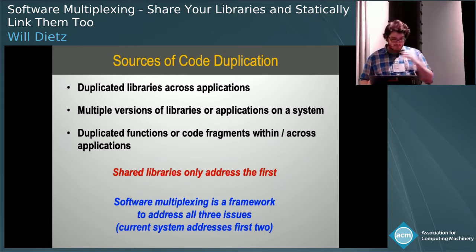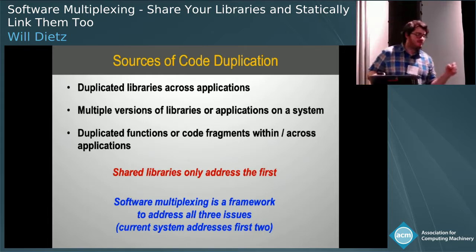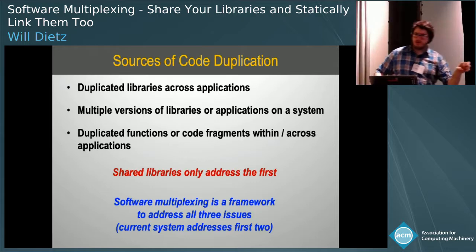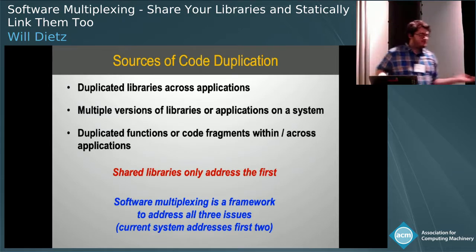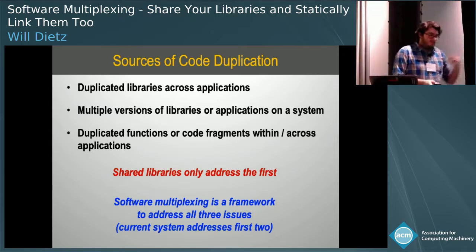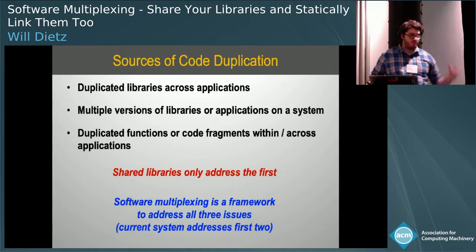So shared, as I said, reduces one aspect of duplication, or possible duplication, in your deployment scenarios. But there are other kinds of duplication that aren't really addressed, right? If you have multiple versions of a library, the shared library model doesn't capture that, at least not in any normal way. But of course that happens all the time as you push new versions. Similarly, there are multiple versions of an application.